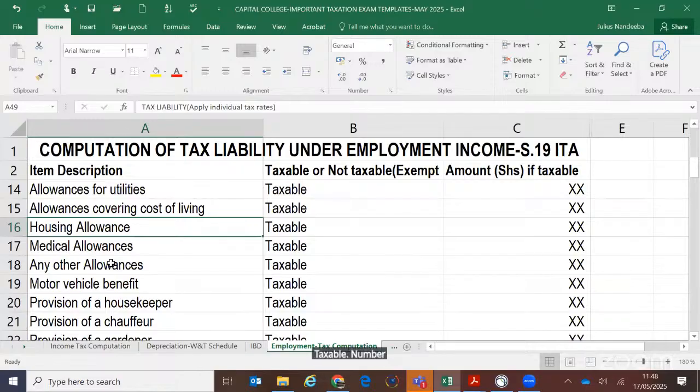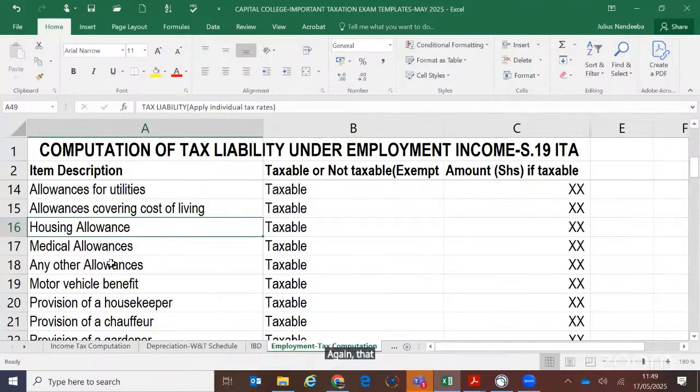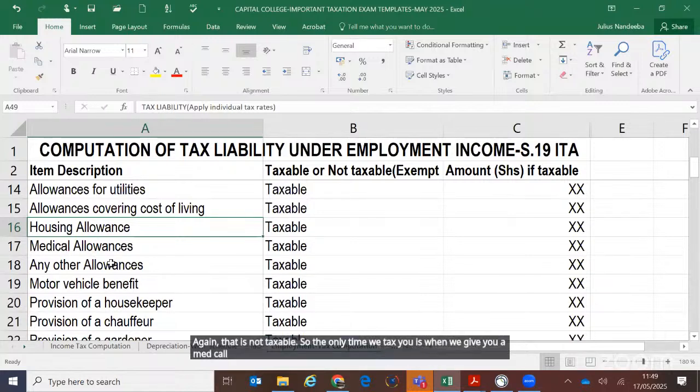Number 3 is when you are sick, you go to the hospital and incur hospital expenses or medical expenses, and it is the company paying for those expenses or reimbursing the medical expense that you incurred. Again, that is not taxable. So the only time we tax you is when we give you a medical allowance. I hope that is also clear.